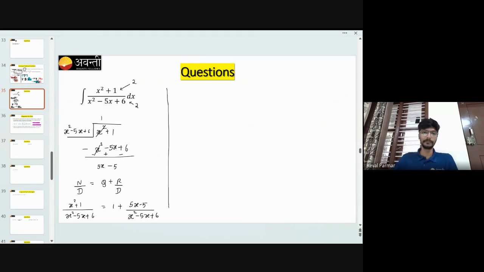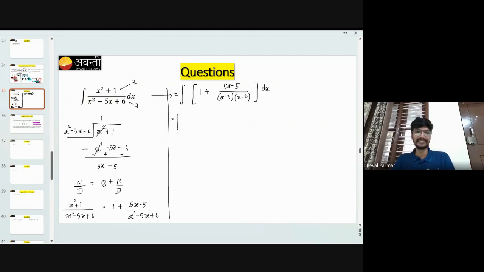So the question now becomes the integration of 1 plus 5x minus 5 upon, and the denominator I can factorize as x minus 3 into x minus 2, dx. Got it? That means this becomes integration of 1 dx plus integration of 5x minus 5 upon x minus 3 into x minus 2 dx, split as addition.